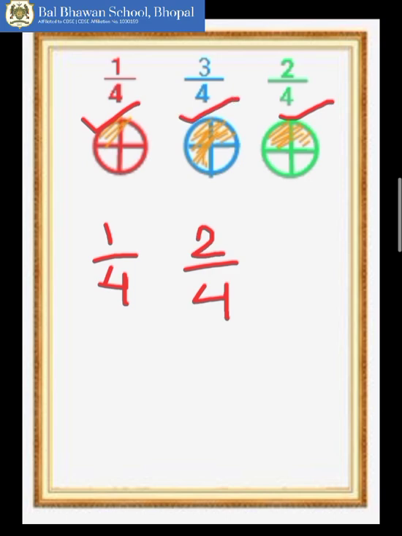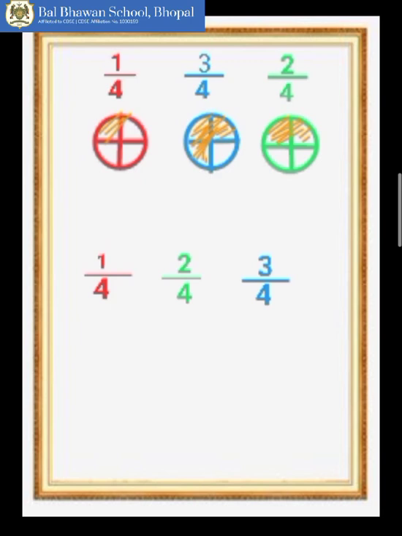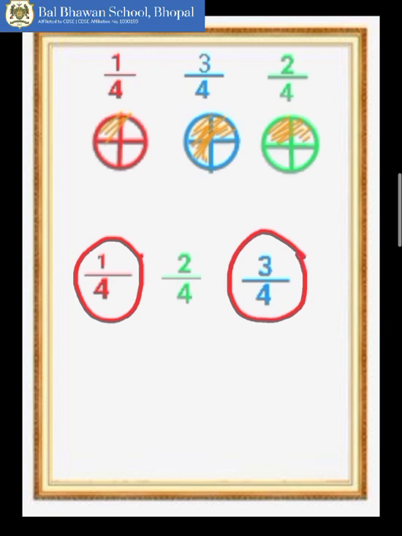So that means 3 by 4 will be the next fraction. Okay, children? Now, we can easily point out the smallest fraction, that is 1 by 4, and the biggest fraction, greater fraction, that is 3 by 4 among the given fractions.